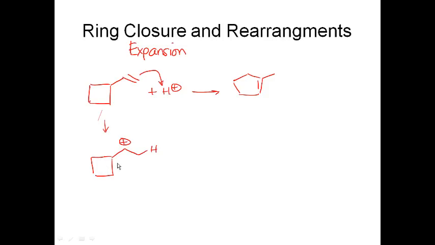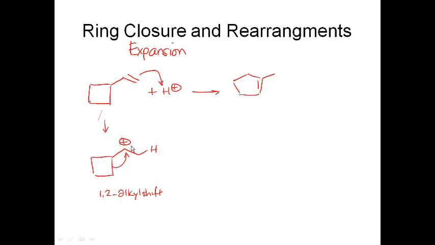We can actually have a 1-2 alkyl shift, which will occur if we break this carbon-carbon bond and give it to that carbocation. So I'm going to do an alkyl shift, but in the context of expanding or opening up the ring.